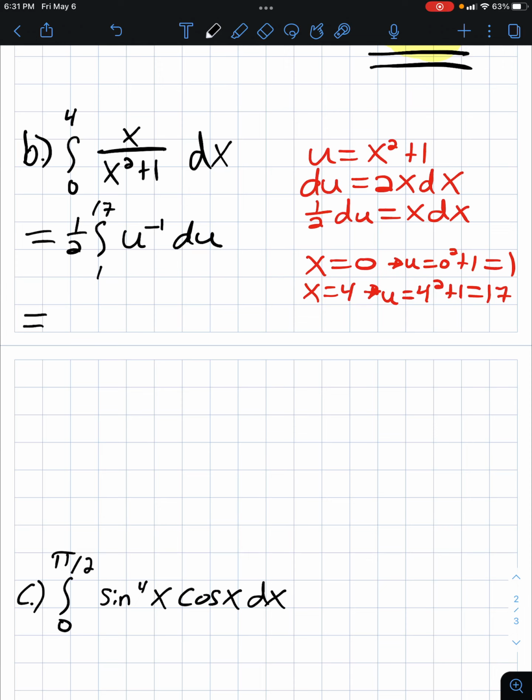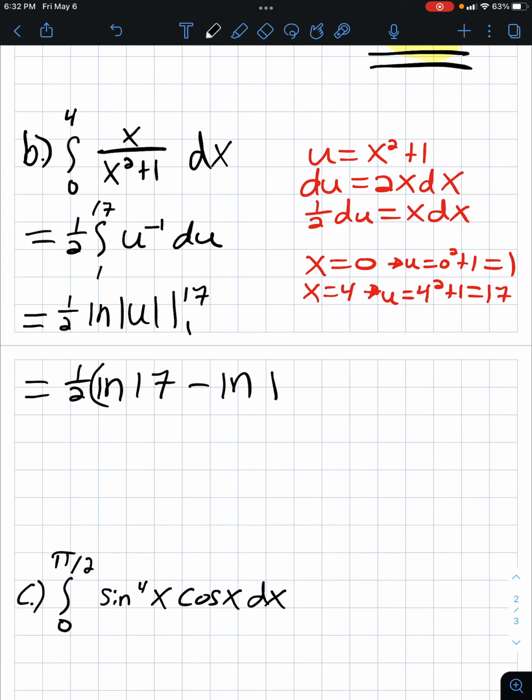And what is the integral of u to the negative 1 du? Well, this becomes 1/2 natural log of u from 1 to 17. And now we just plug this in. So we get 1/2 natural log of 17 minus the natural log of 1.